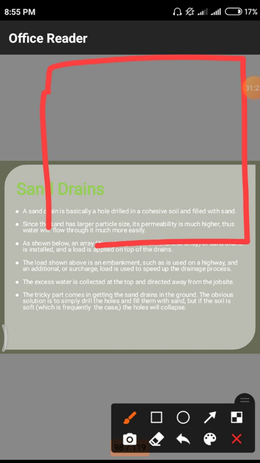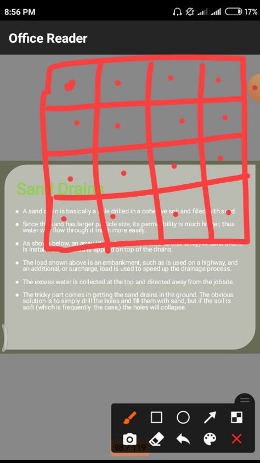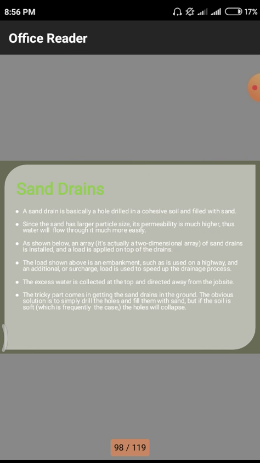This is the total structure, and we divide it into a number of grids so that in each and every grid we provide a drain. Here we have 4 by 4, that means 16 parts. In those 16 parts, we have to use one sand drain each.